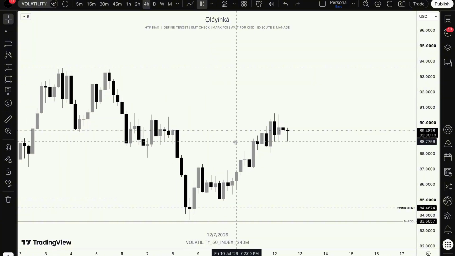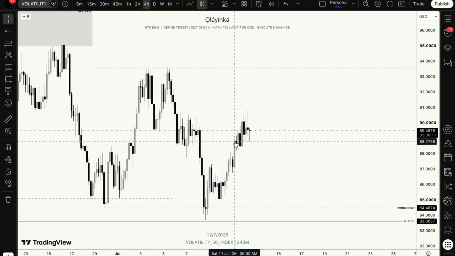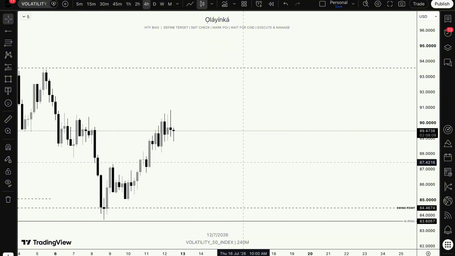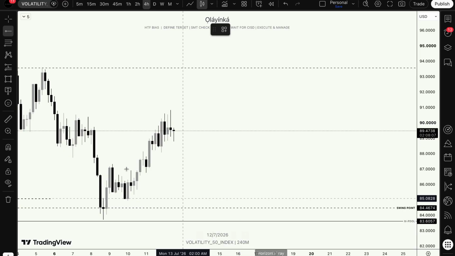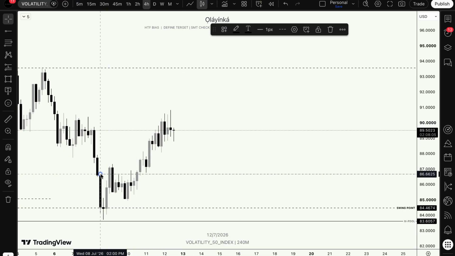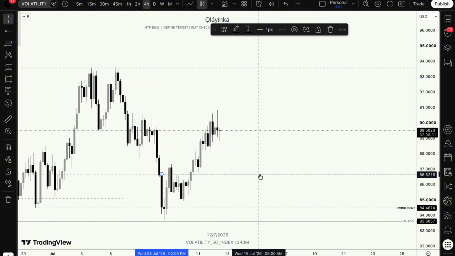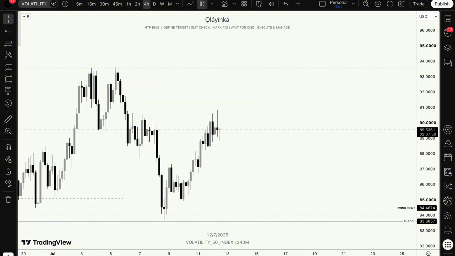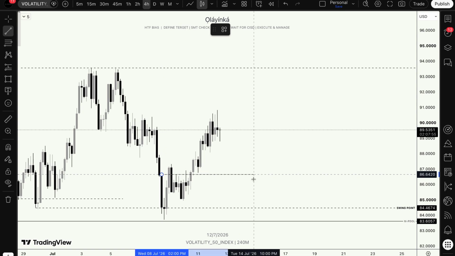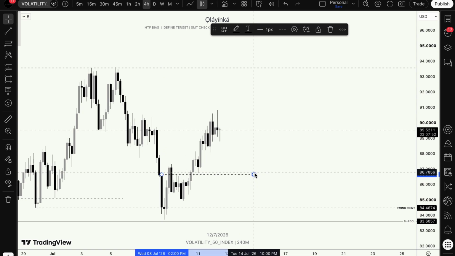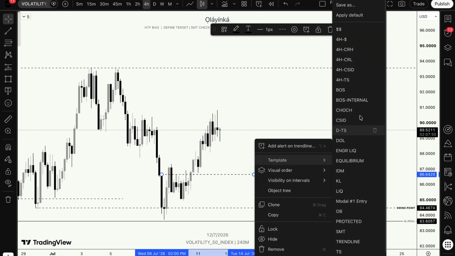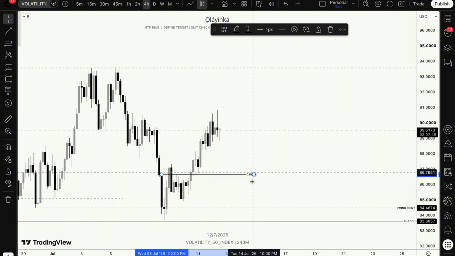And when I came to the 4 hours, that's when the thing became clearer, because I saw this morning star order block, or we can say a 4 hours change in state of delivery, right?